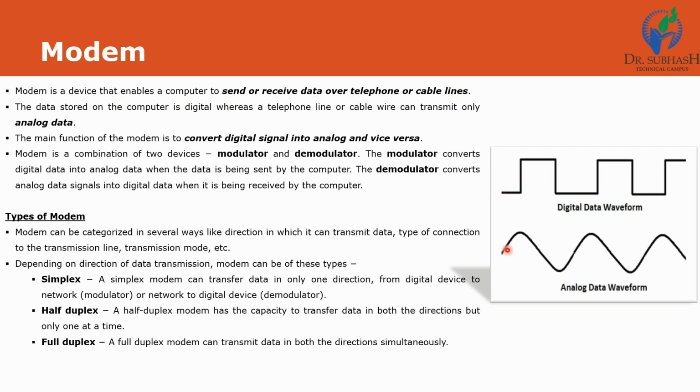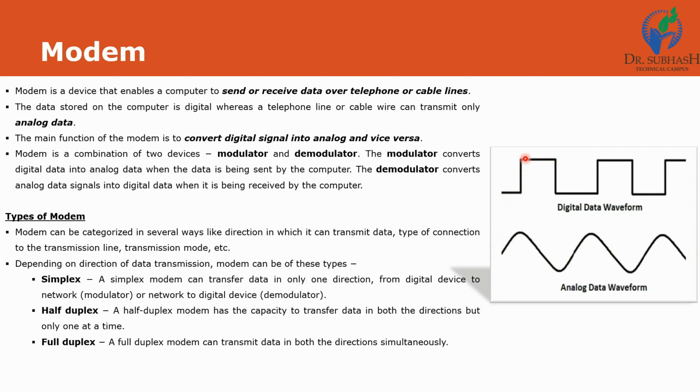There is a pattern for passing your signals. If we are passing analog signals, that is a curve shape. This is the shape of analog signals, and this is the pattern of digital signals.